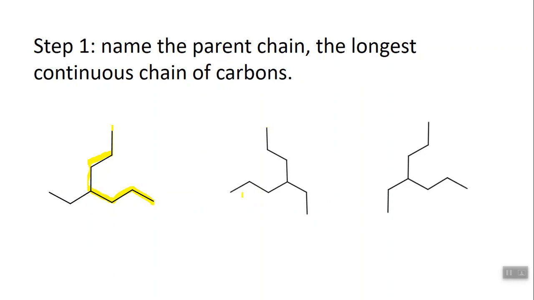But you can draw molecules in any which way. They don't care about that left to right thing that we do. So you might find parent chains wrapped around like they are here, or you'll just have to look and find the longest chain of carbons that are in the molecule.